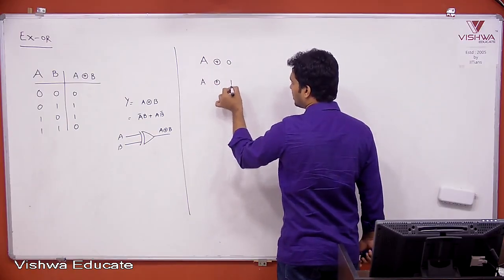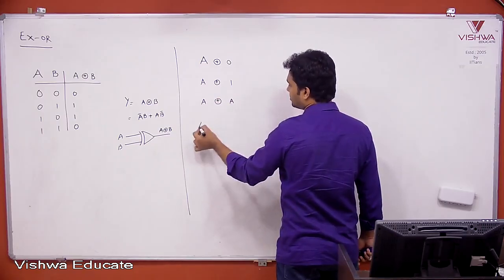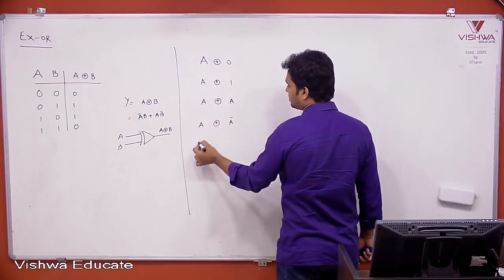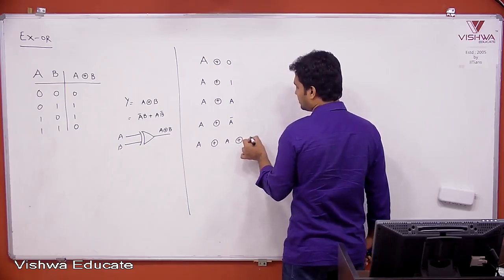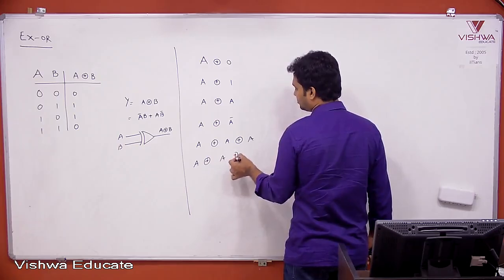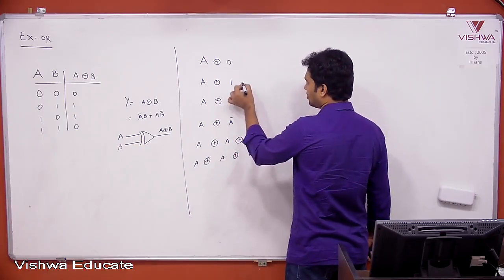Other input is 1, what happens? Other input is A, what happens? Other input is A bar, what happens? If 3 A's are present, what happens? 4 A's? What will be the output? Using this, I'll give some conclusions also.